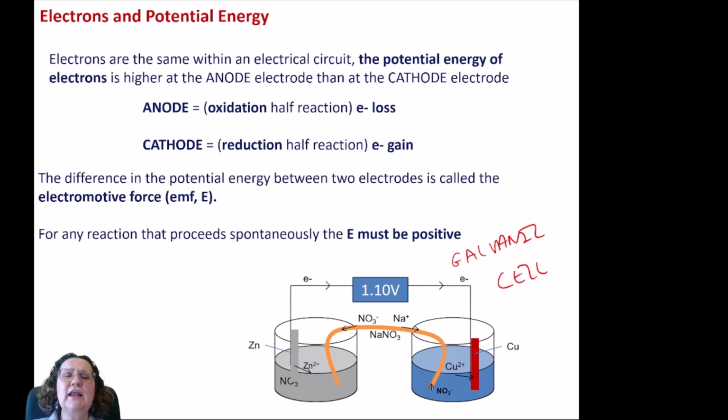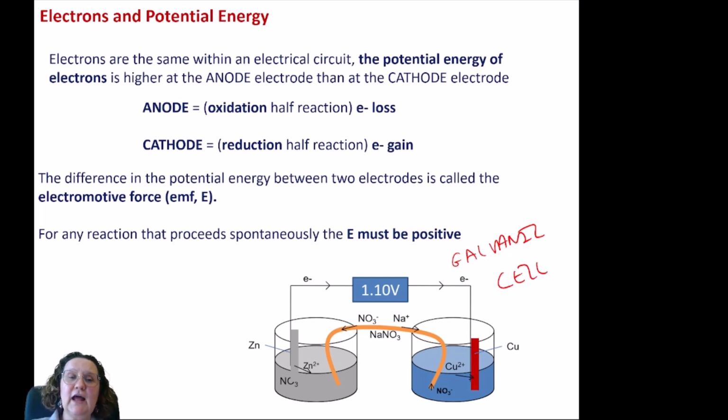We call that electromotive force, EMF, or electrode potential. You sometimes see the acronym EMF, or you can just use the letter E to talk about this electromotive force or electrode potential. And for a redox reaction to be spontaneous, that E, that electromotive force, must be a positive number.